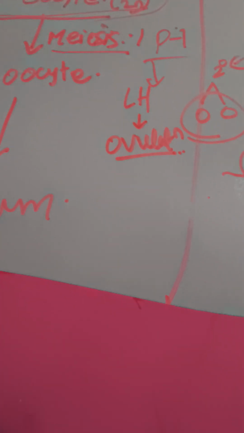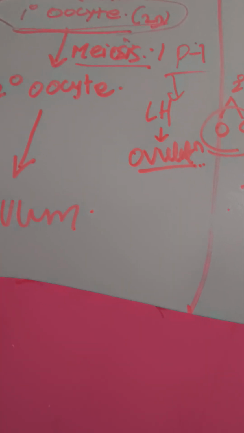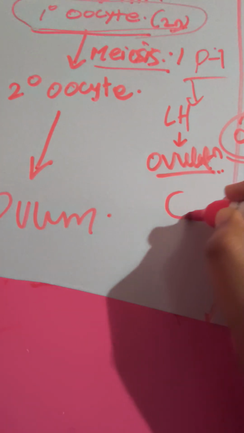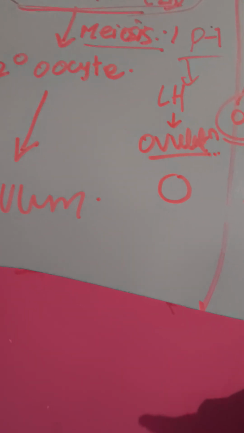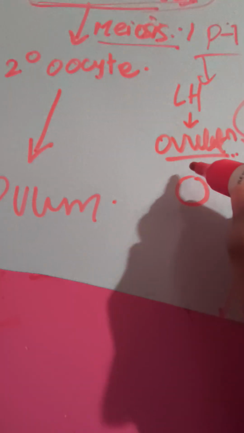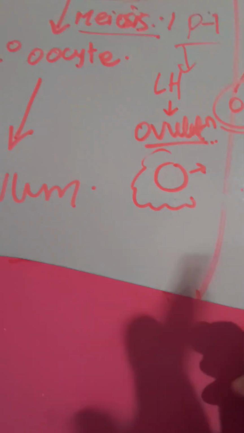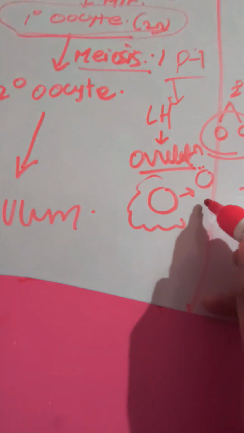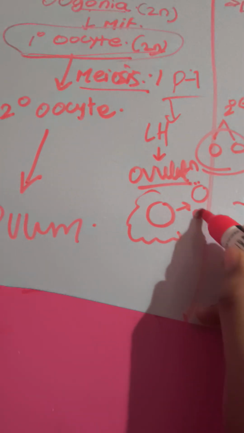What happens when ovulation occurs? Meiosis 1 will complete, the oocyte will come out of the Graafian follicle, and it will release one polar body.